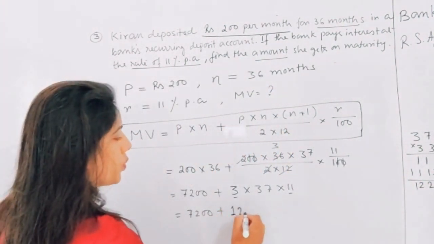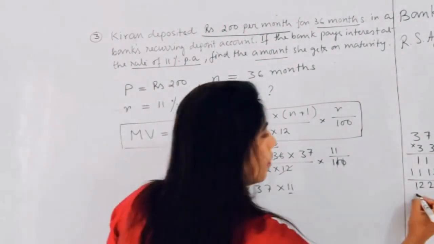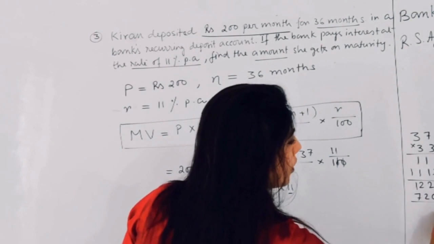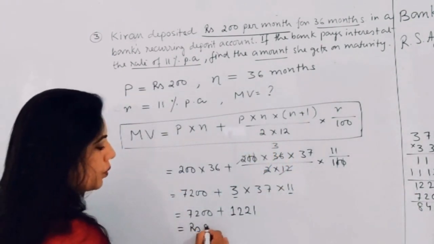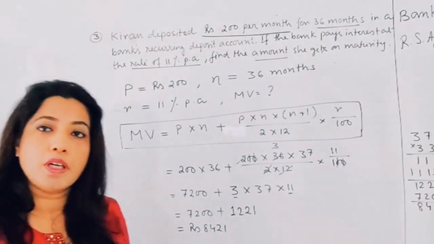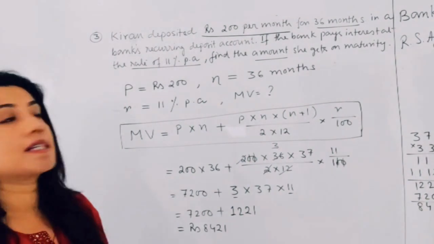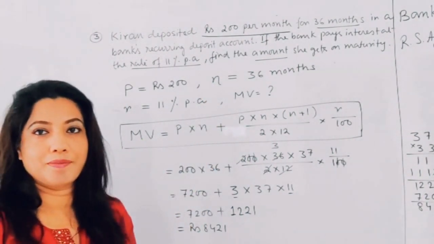Yes, so 1221. So after adding it with 7200, we get rupees 8421. So rupees 8421 is the maturity value Kiran gets after 36 months. This is the answer for this particular question.